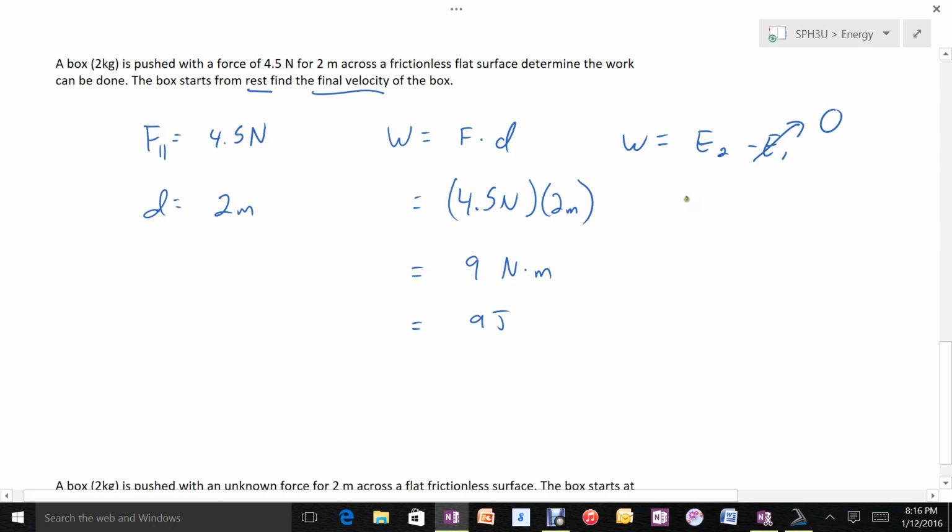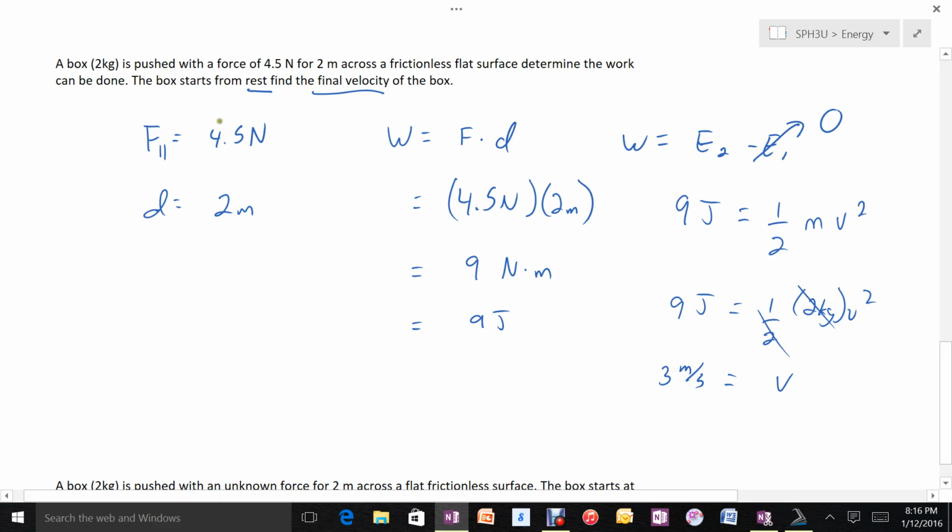The work done is 9 joules, and if it's becoming kinetic energy, then we can say that's equal to 1/2 times the mass times velocity squared. 9 joules equals 1/2 times the mass of this block, 2 kilograms, times v squared. So v works out to be 3 meters per second.